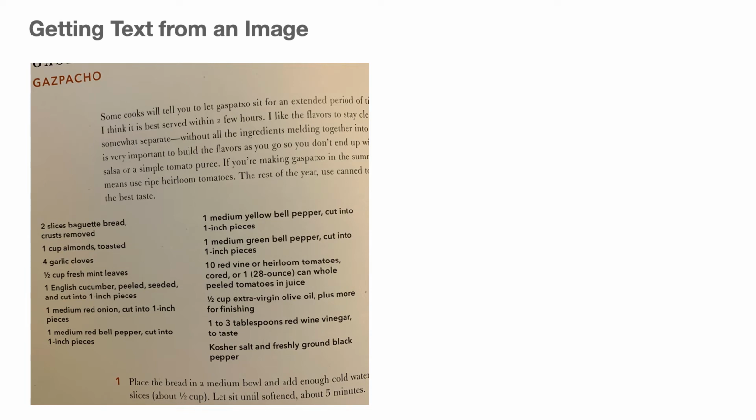Now, let's look a little bit at how this works. Where you actually take an image like what's shown here and walk through to be able to pull out just the recipe ingredients from this image. So the first step is when you have an image, how do you even go about just getting the text out of that image?